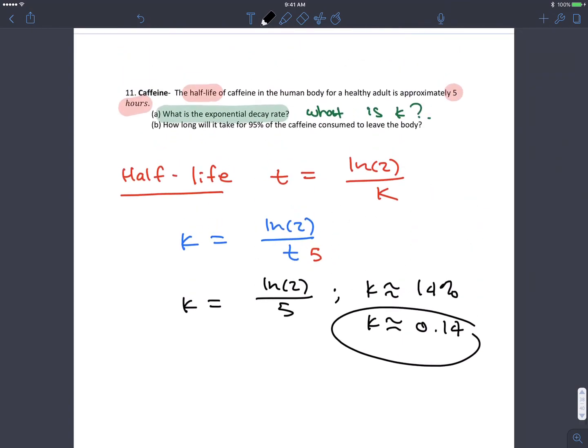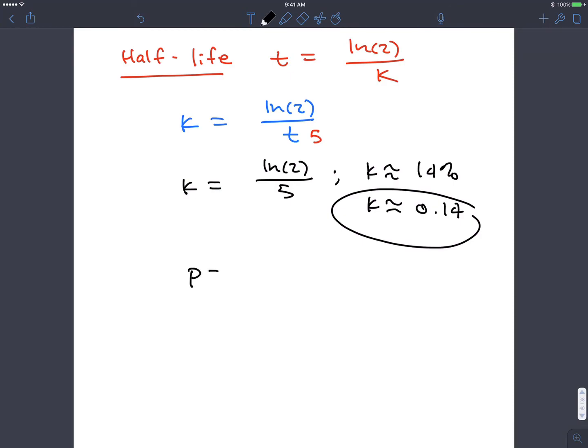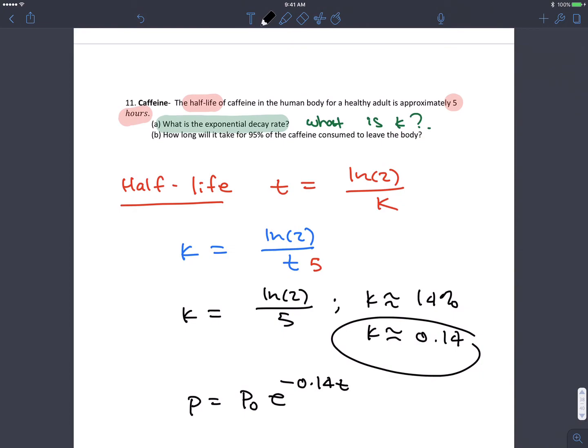So that our model now is going to be P equals P naught e to the minus 0.14t. This is our exponential decay model. Now we need this model because the next question is going to say the following.